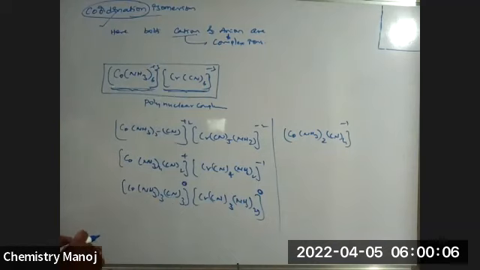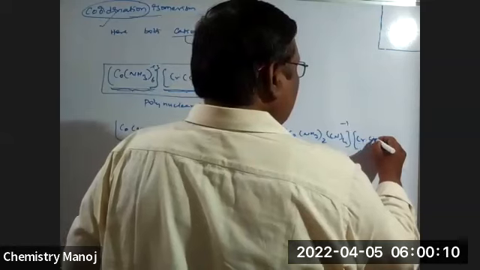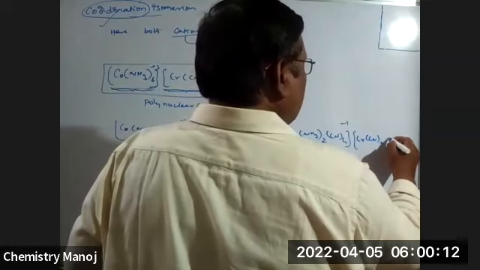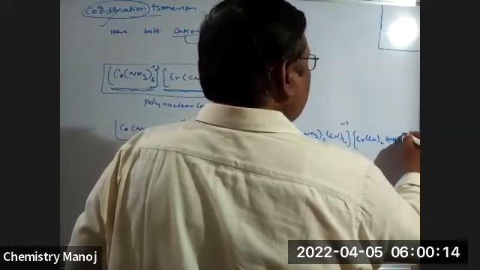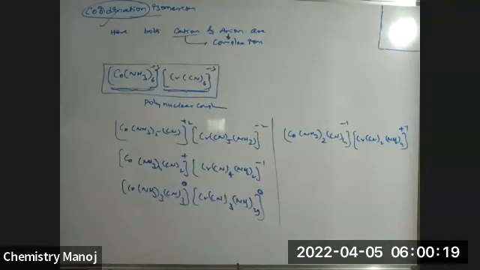Cobalt plus 3, 4 cyanides. Here it is Cr(CN)2 (NH3)4 plus 1. Chromium plus 3, cyanide minus 2, overall it is plus 1.